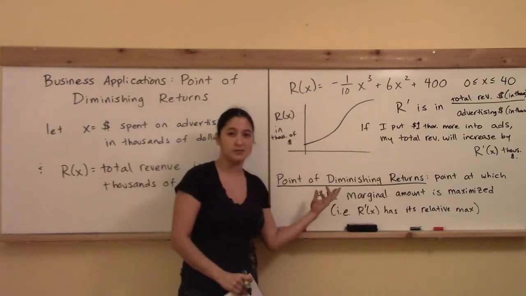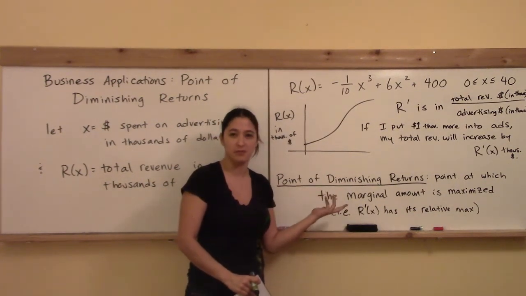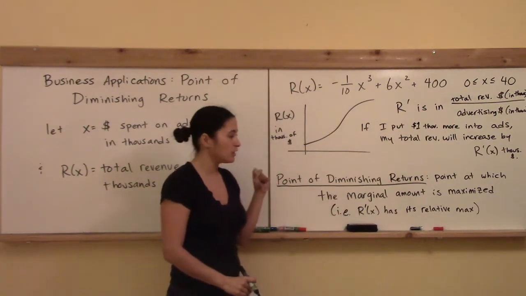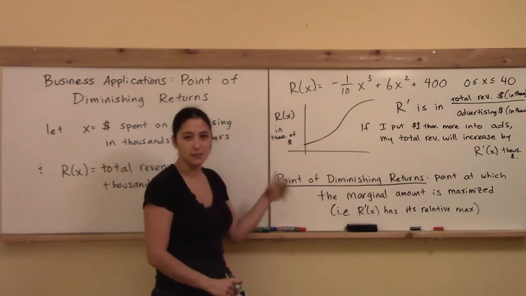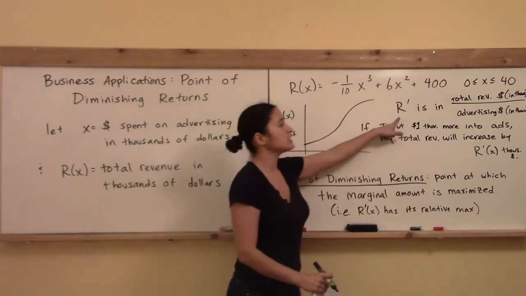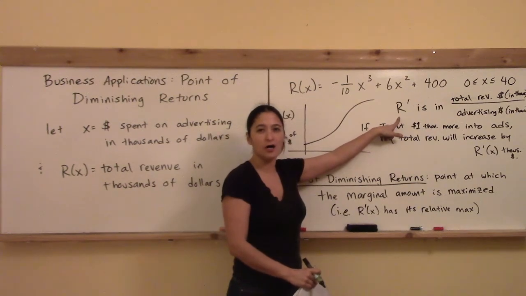Is it always going to be exactly the same amount of bang for my buck? Not necessarily. Actually, I would want to consider maybe keep putting money into ads until I hit the point at which this number right here is at its possible maximum.